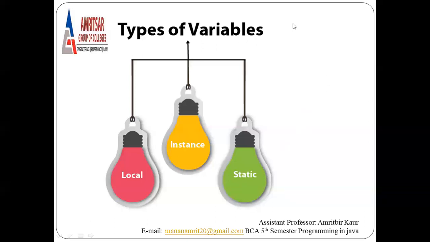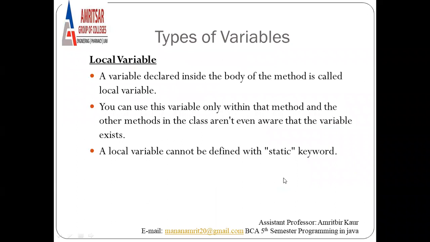There are three types of variable: local, instance, and static. Now we will study each one by one. Firstly, local variable. A variable declared inside the body of a method is called a local variable. When we create a function and declare a variable in the body of that function, that variable is known as a local variable.